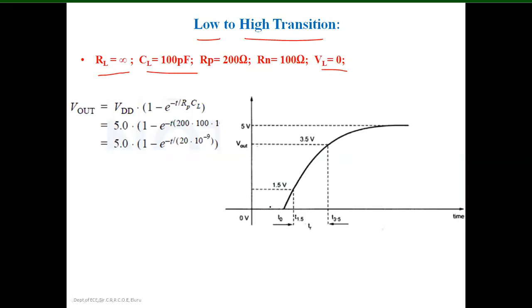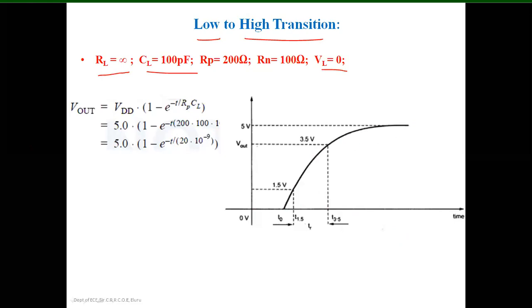Now if you calculate the output voltage, you will get this equation: V out is VDD times 1 minus e power minus t by RP CL. Here the output is increasing in an exponential way, from the low state to the high state.